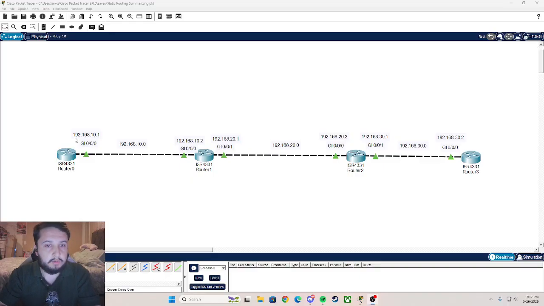So I'm going to go over static routing first. It's a nitpicky process. You have to know exactly who's communicating to whom.